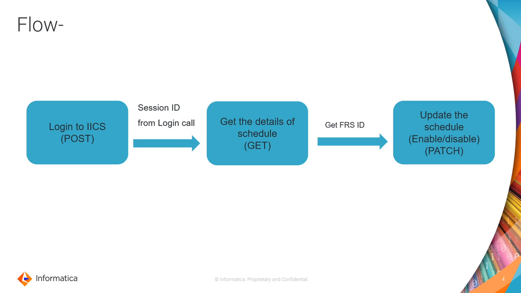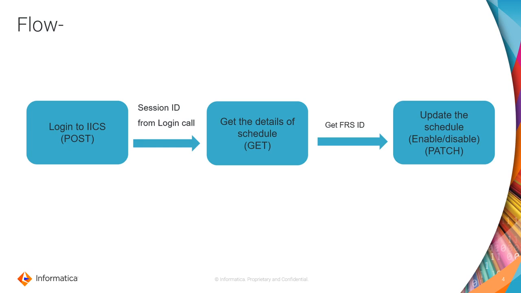Here you can get the details of all the schedules in IICS or one particular schedule that you want to edit. And after that, from the schedule details, you can get the FRS ID, which should later be used to update the schedule. To update the schedule, here in this video would be enabling or disabling the schedule, and this would require a patch call. We will quickly run into a demo to see this.